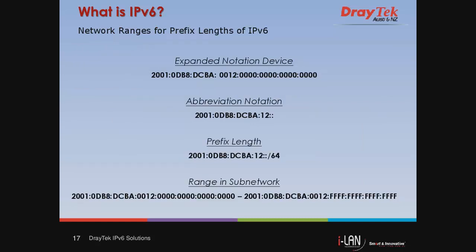Here you can see the network ranges for expanded, abbreviated, prefix length, and device range in the subnetwork of IPv6. In expanded notation, all zeros still exist, while in the abbreviated notation, the zeros are replaced with two colons. In prefix length, we simply add the /64, which represents the global routing prefix and the subnet ID, and lastly, the device range in the subnetwork.